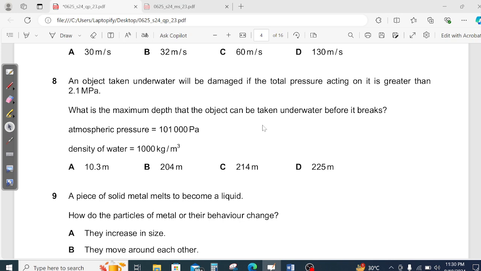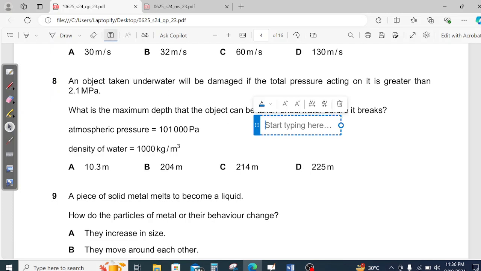I will solve it here. The formula is, change in pressure is equal to rho g h. Rho is the symbol of the density of water, rho multiplied by g multiplied by h.